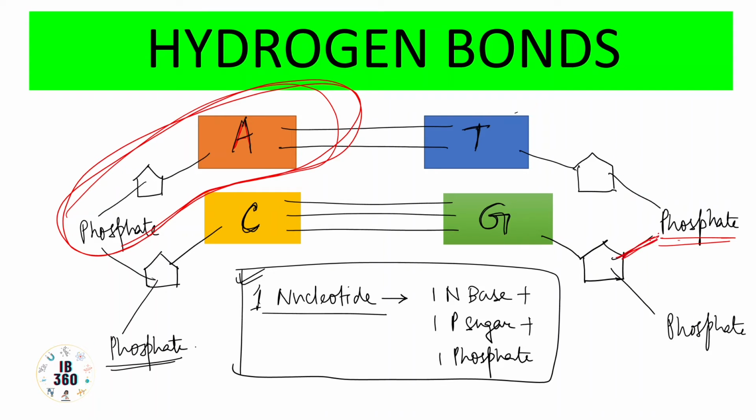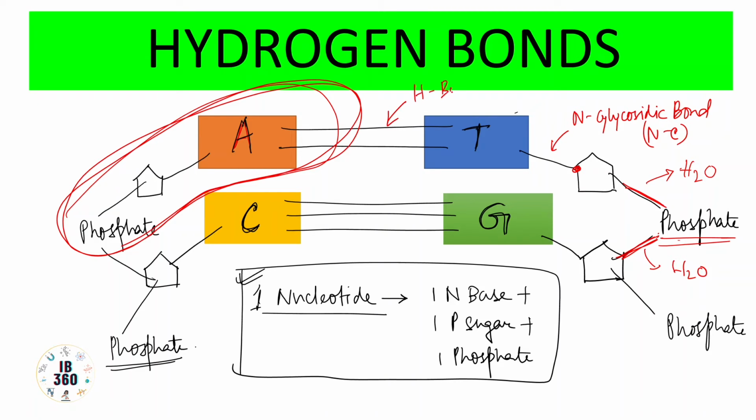That is why it is known as a diester bond. This results from elimination of a water molecule. Here also a water molecule is released, and this is the N-glycosidic bond, an N-C bond formed between the nitrogen of the nitrogenous base and one carbon of the pentose sugar. Likewise. And these are obviously hydrogen bonds.